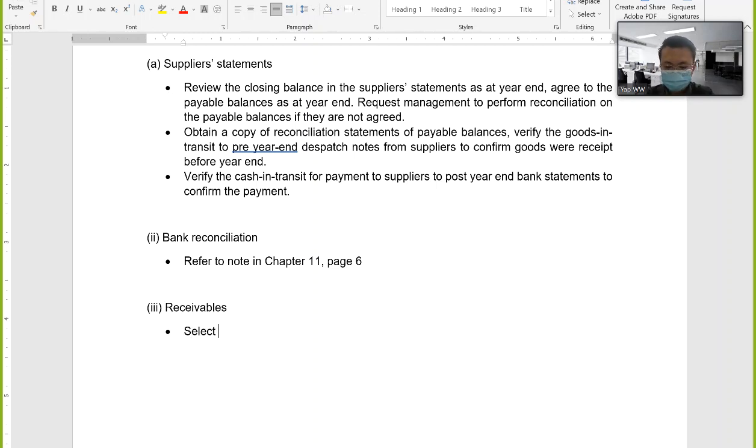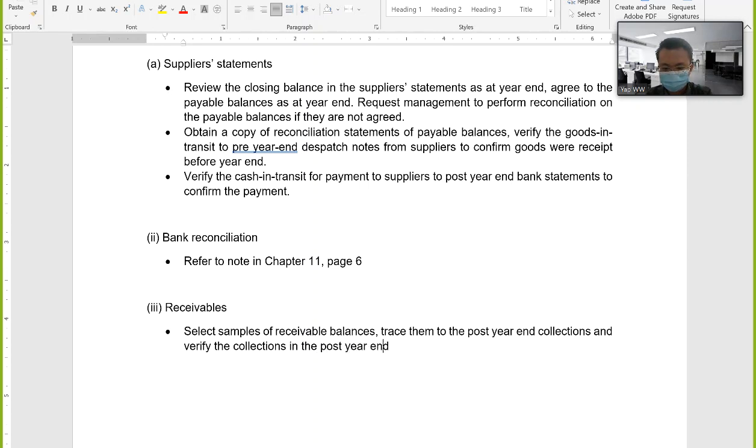So we select samples of receivable balances, trace them to the post year-end collections and verify the collections in the post year-end bank statement. Okay. No need to tell the objective, as this is very obvious you are checking for existence.